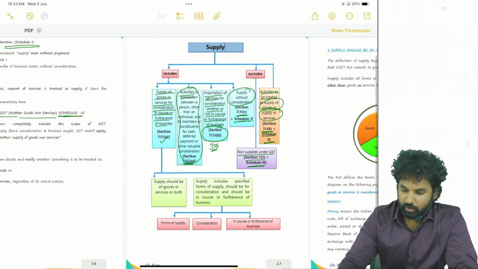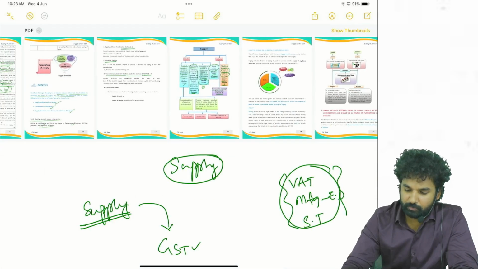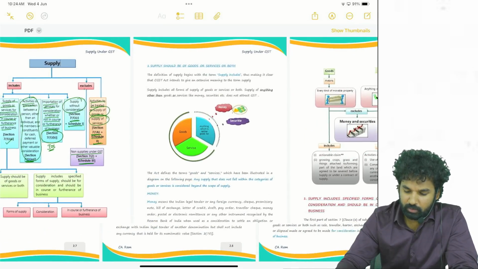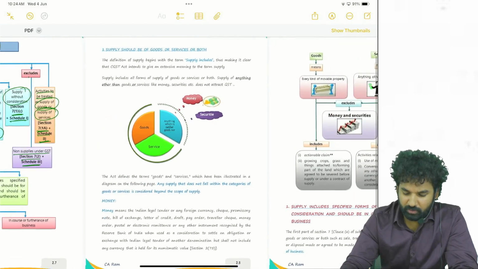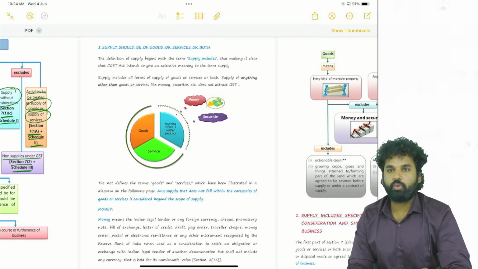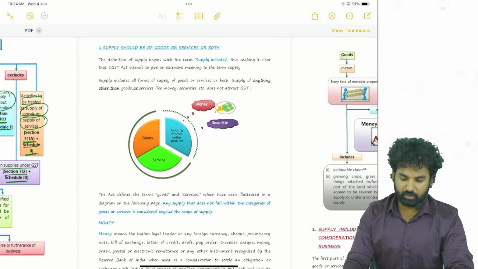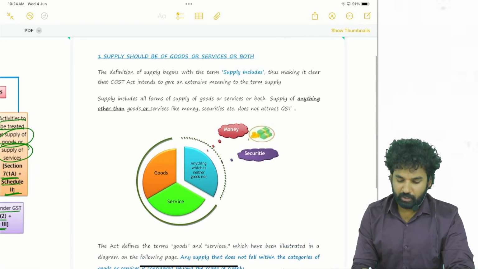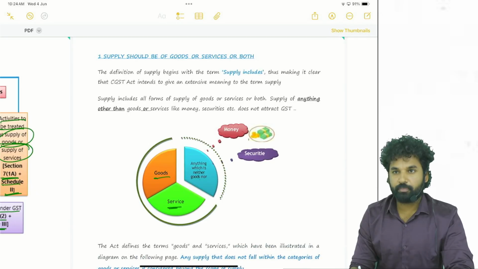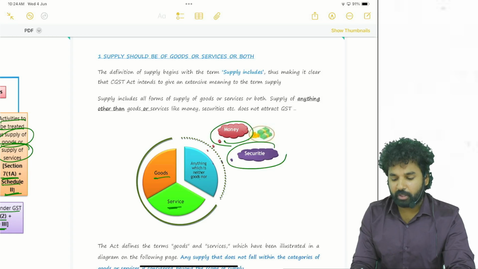Now, supply should be of goods or services. So we need to check what is goods and what is service. Here it says that goods or services shall exclude money and securities.